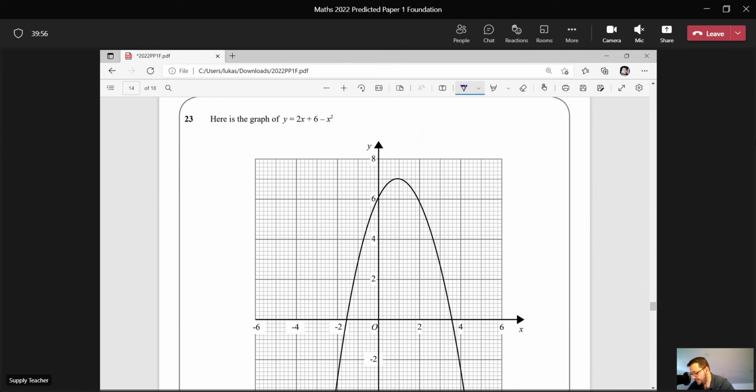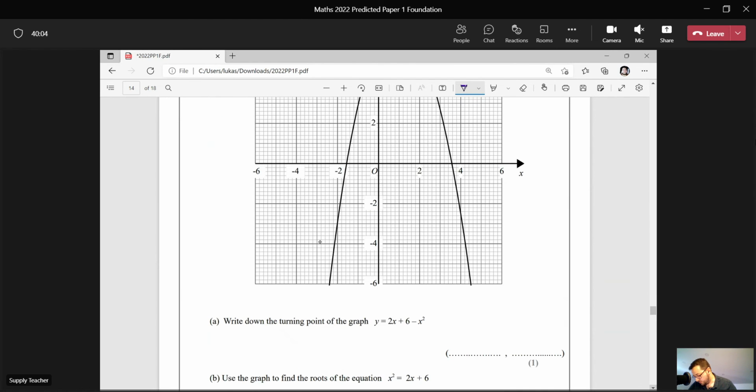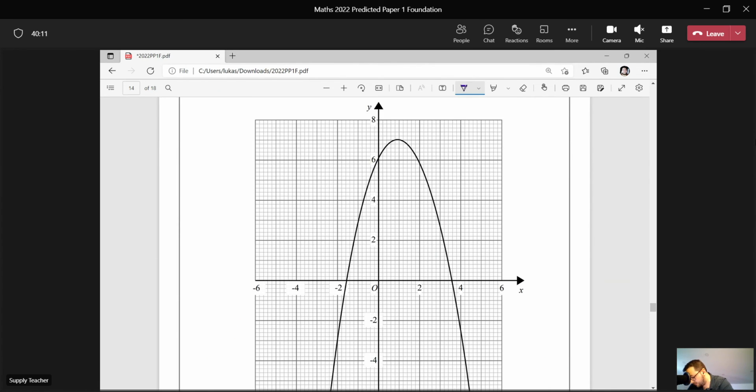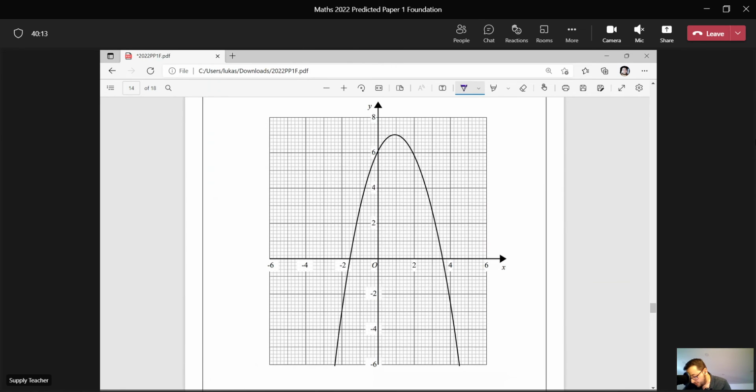All right, 23. So here is a graph of y equals 2x plus 6 minus x squared. Question 1, A says write down the turning point of the graph. Let's zoom out a little bit. The turning point is going to be this bit where it turns.